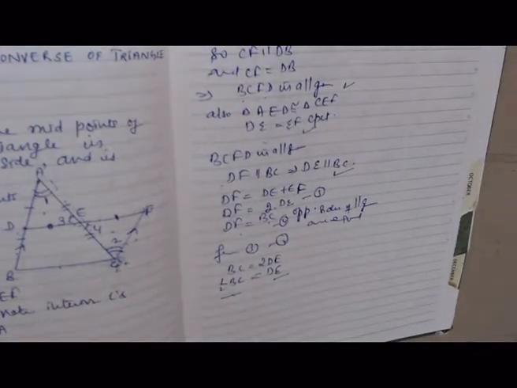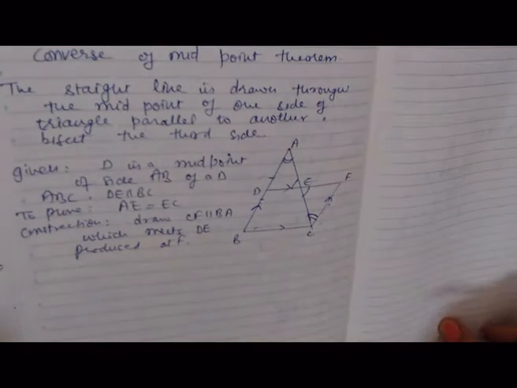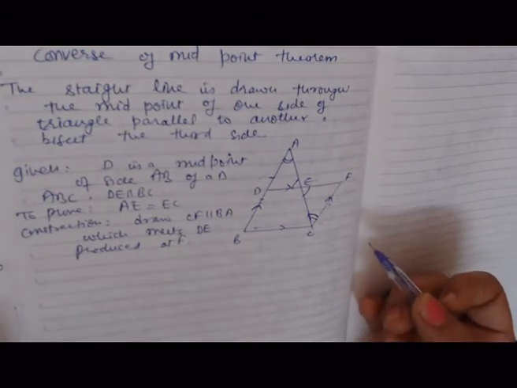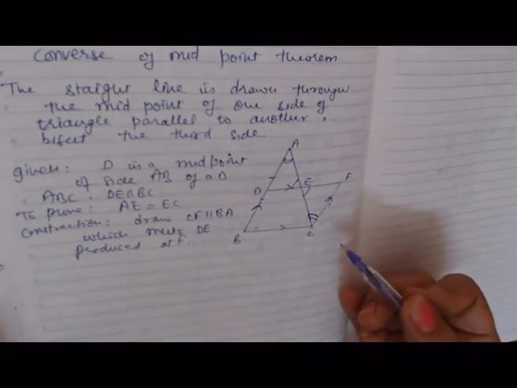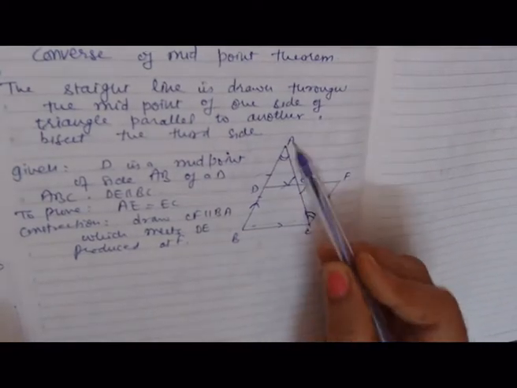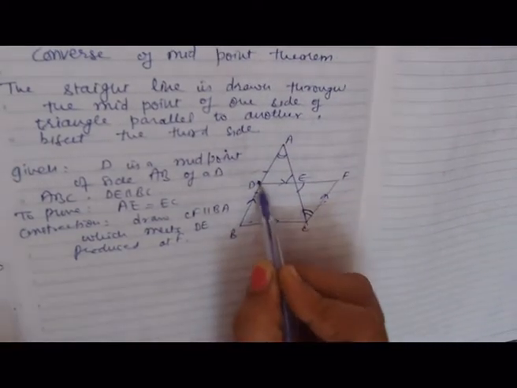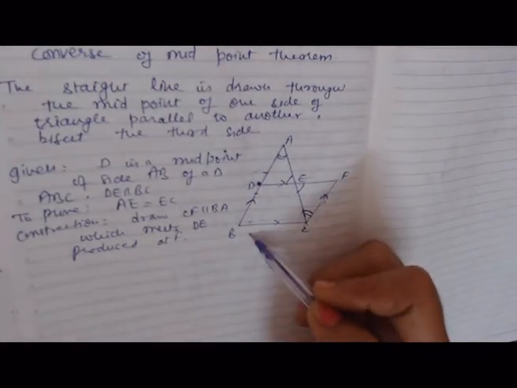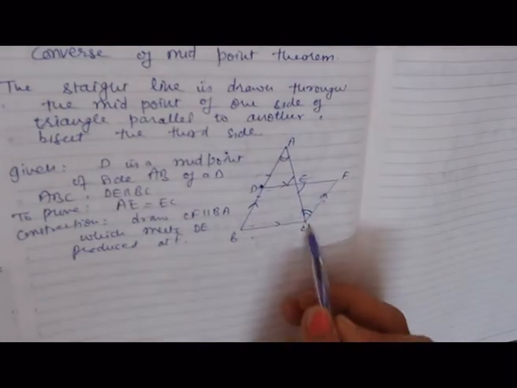Next, the converse of the midpoint theorem is: a straight line drawn through the midpoint of one side of a triangle parallel to another side bisects the third side. Given a triangle ABC, D is the midpoint of AB, and DE is parallel to BC.